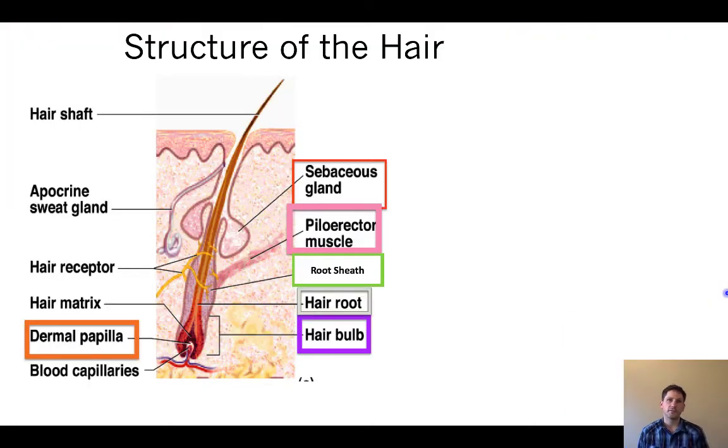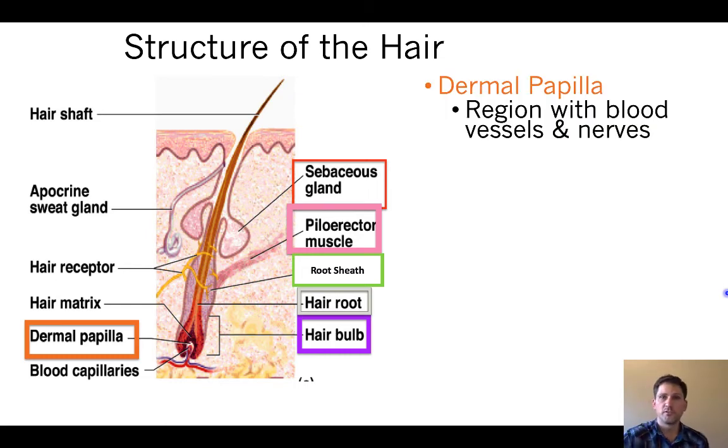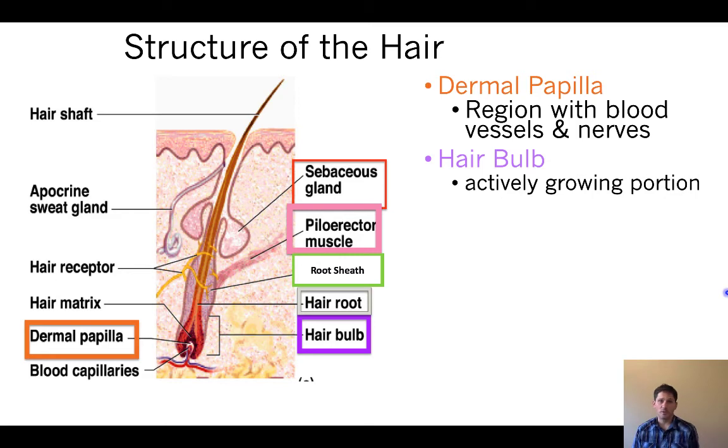If we look a little closer at the structure of the hair, you've seen this in labs. So we've got our dermal papilla down here at the bottom with our blood capillaries. Remember, we have dermal papilla up here, right, in between the epidermis and the dermis, but we also have that papilla down here around with those blood vessels, okay? We have our hair bulb, that's the actively growing portion of our hair.